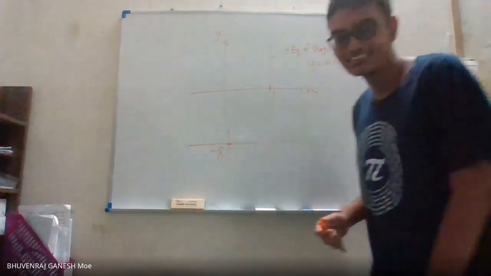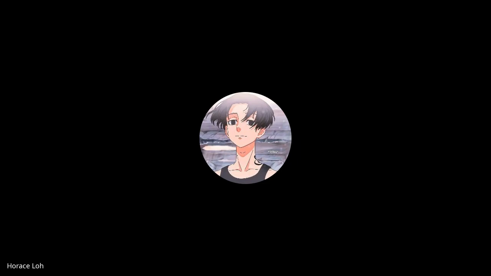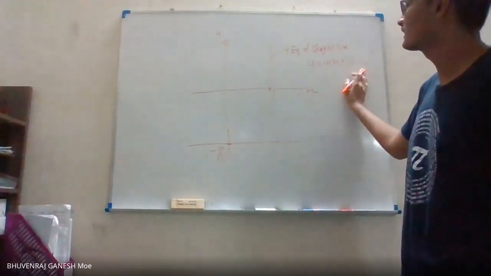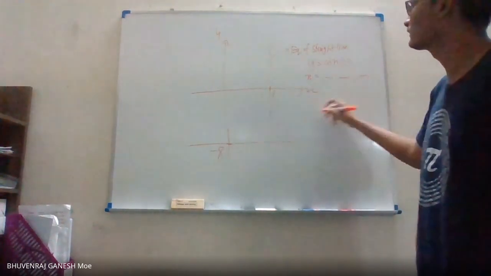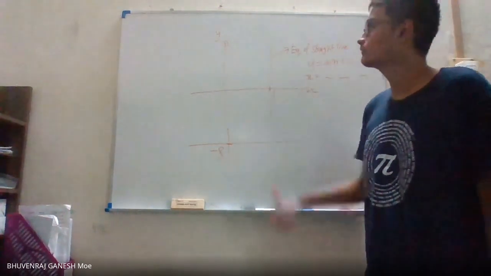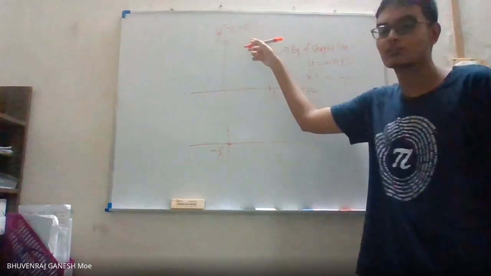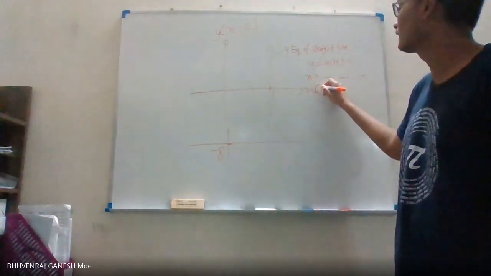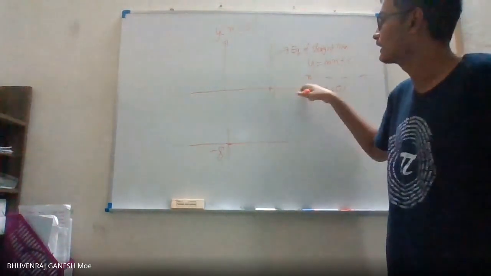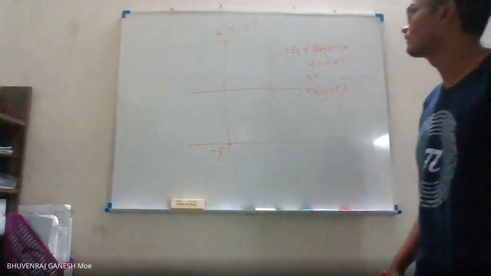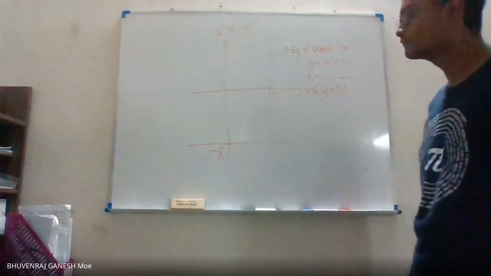In this case, it will be x in terms of something, not y in terms of something, because it's parallel. One more clue: the equation of the y-axis is actually x equals 0. If it's parallel to the x-axis, the equation is y equals 0 for the x-axis. It's the opposite of each other. So that's why here will come x, here will come y.